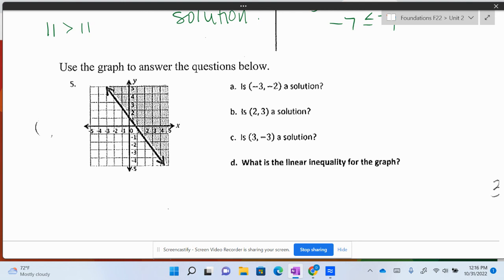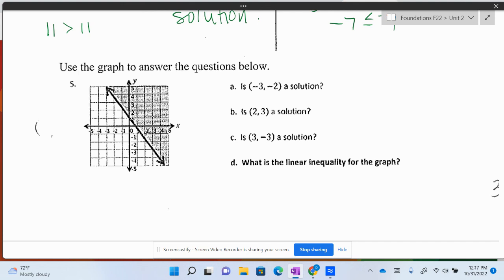Can I erase these? Not yet. Are we done? Okay. Here we go. Next one.